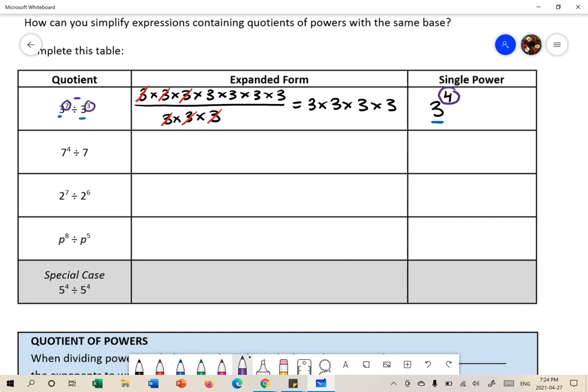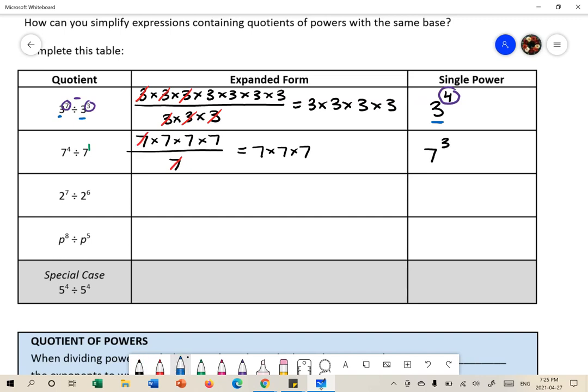So we have 7 raised to 4 divided by 7 with an invisible exponent 1. 7 times 7 times 7 times 7 divided by 7. These two 7s cancel out, so you're left with 7 times 7 times 7, which is the same as writing it as a single power, 7 cubed.